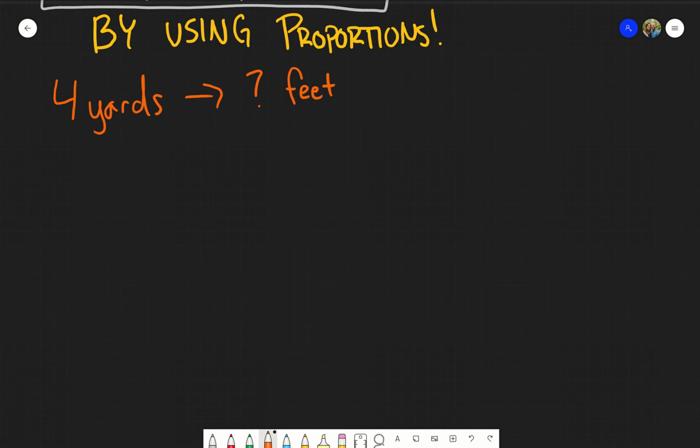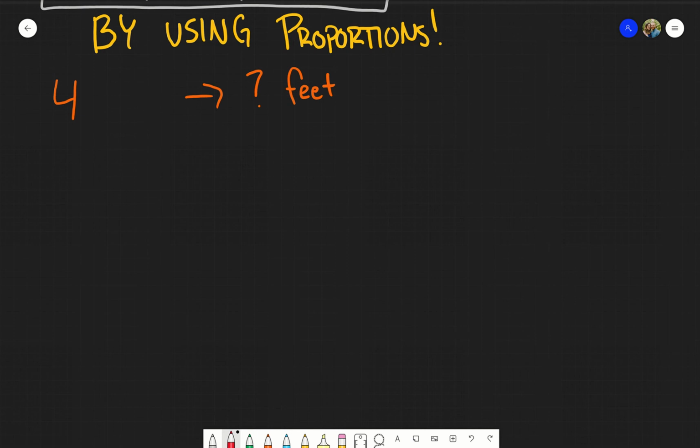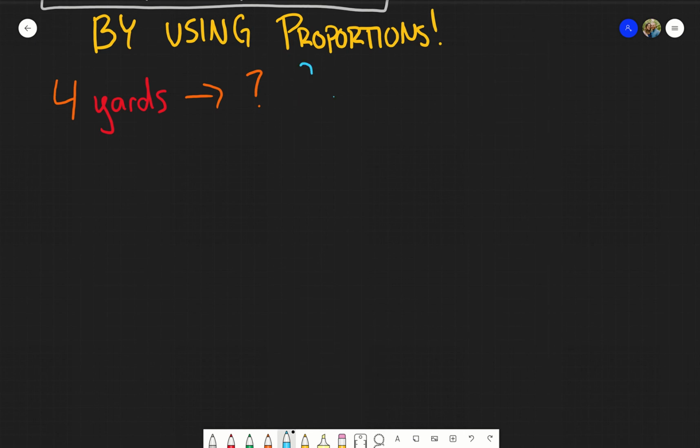So we're going to take our 2 units here. I'm actually going to do something a little different. I'm going to write our units in a color so that when I'm making my proportions, we can see that the same color is on the same side of all of my ratios. Okay, so I'm going to have 3 ratios as we go.